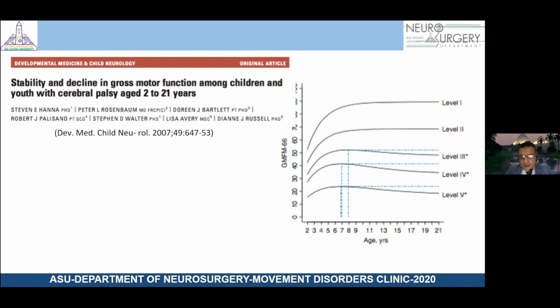But those with gross motor function 3, 4, and 5 are liable to regression and deterioration of their motor abilities over time due to growth and the impact of deformity on the ambulatory level. So we have to introduce our management as early as we can.